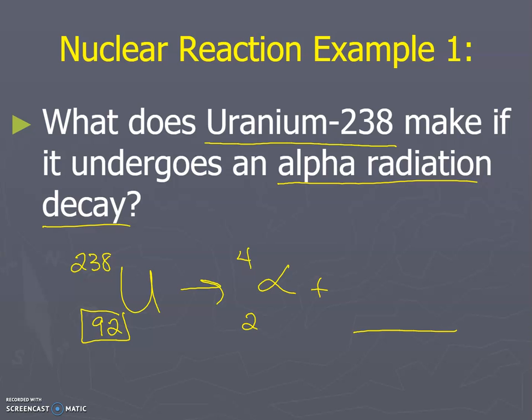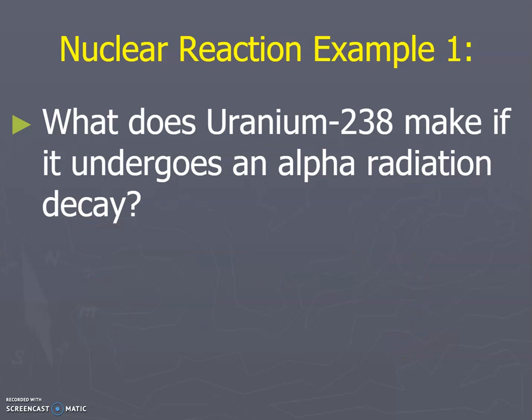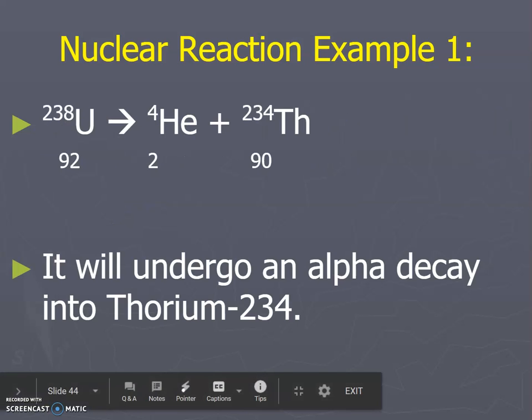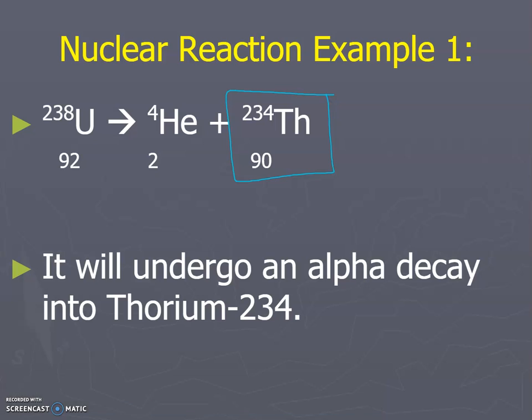Well, law of conservation of mass. 238 equals 4 plus 234. 92 equals 2 plus 90. So who is element 90? Look on the periodic table. Thorium. Yes, the Asgardian. All right, that's where you are going to get thorium 234. It undergoes that alpha particle decay.